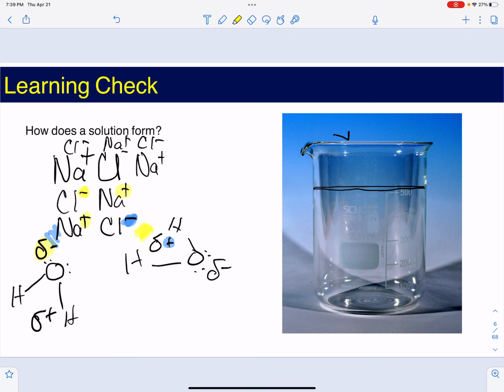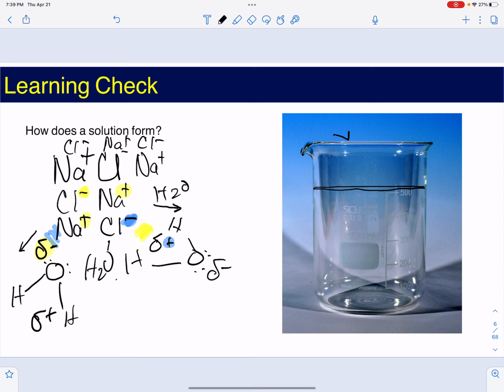So the water is pulling this sodium this way. The water is also pulling the chloride this way. And there's not just one or two waters. There's going to be as many waters as can come close to this chloride negative and sodium positive. And between all of them, the force, so there's going to be water everywhere pulling on those.